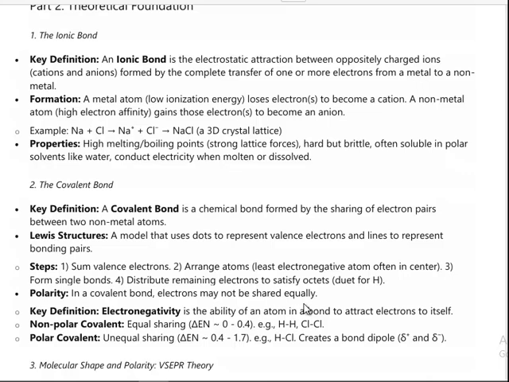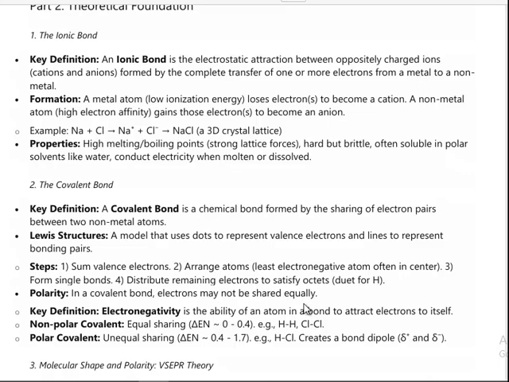Now, what are the properties of ionic compounds? One, they have high melting and boiling points. This is because of the strong lattice forces between the ions. Then also they are hard but brittle, so they can be broken.